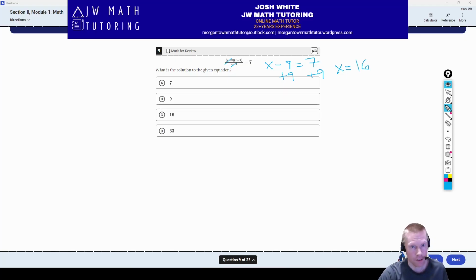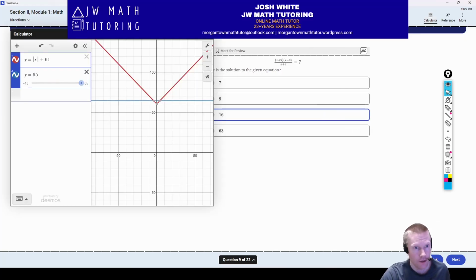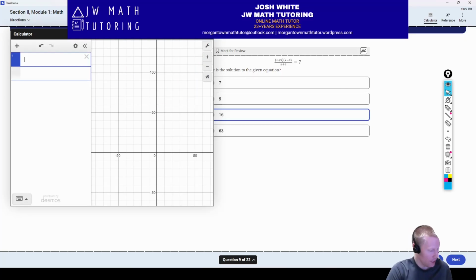So the correct answer for this is going to be letter C, 16. Now, you could, of course, solve this in Desmos. If we go back to here, Desmos, you can plot out the left side.